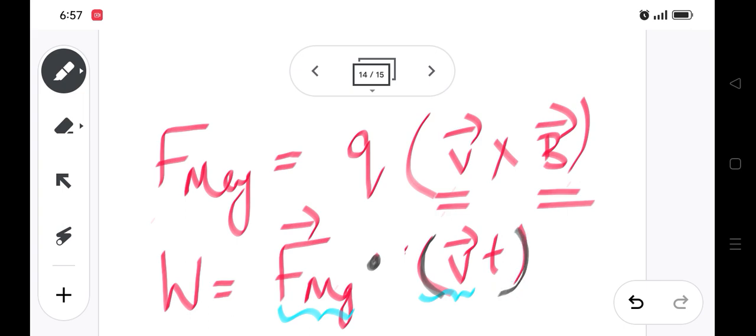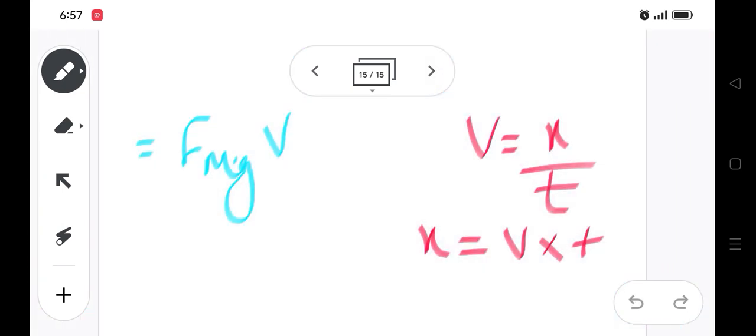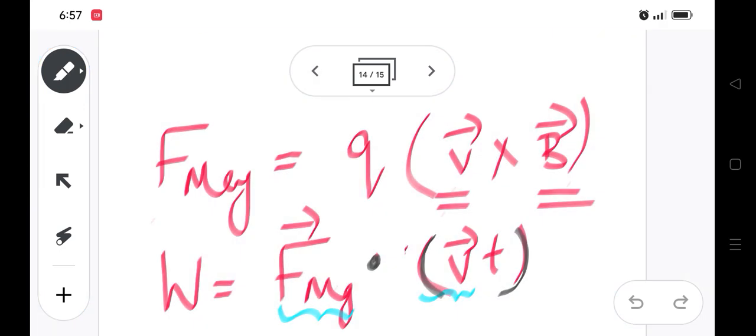The definition of work is force into displacement, where we take the dot product. So don't put a cross there. We use the cross mark to indicate the cross product in higher classes, but in lower classes you use the multiplication mark, so don't get confused, just put a dot.